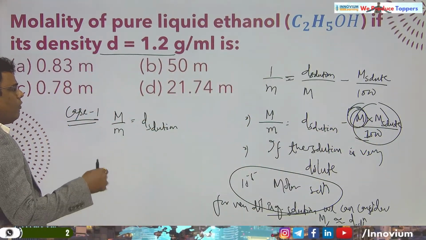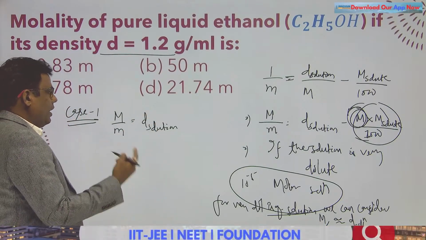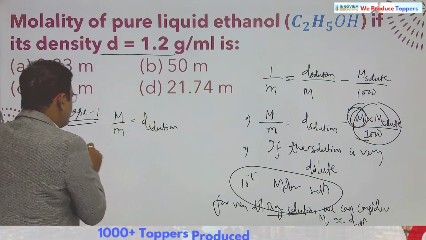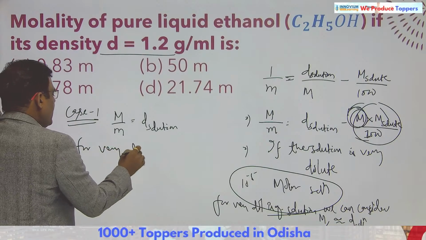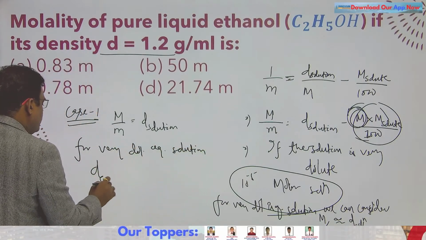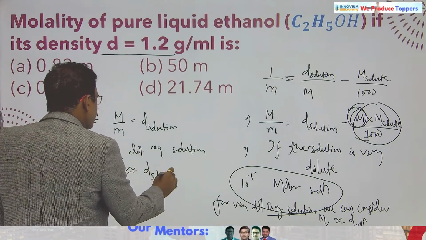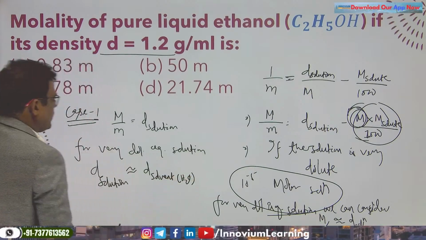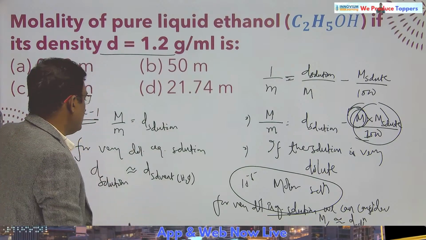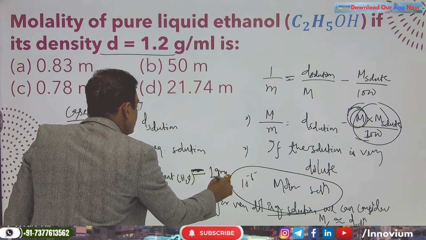Now you know that if the solution is aqueous and very dilute, then the density of solution is nearly equal to the density of solvent, that is nothing but H2O, because the solvent is water, since this is an aqueous solution, and the density of water is equal to 1 gram per ml.